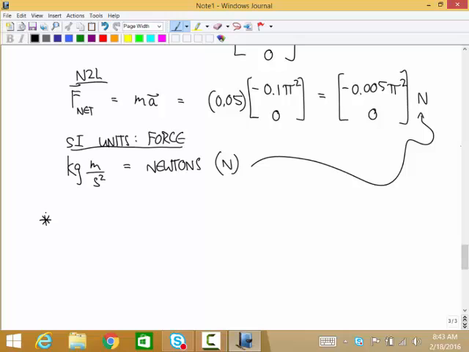Okay, so here's something important to notice about Newton's second law. Newton's second law doesn't tell us what individual force vectors are.